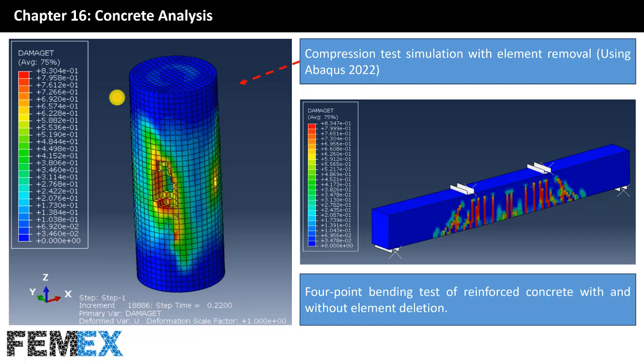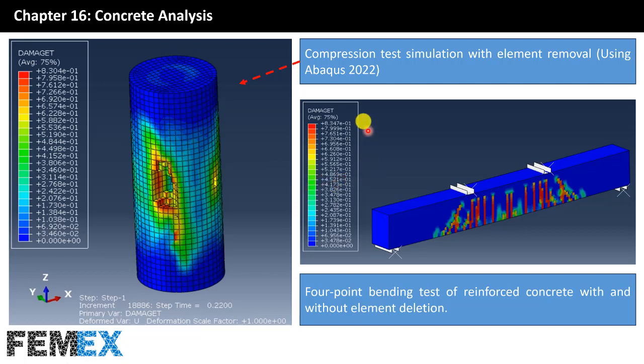For the other simulations, I have used this version because most of the users of Abaqus use newer versions, so they can use the files provided in this package. The second example is about 4-point bending test of reinforced concrete with and without element deletion.